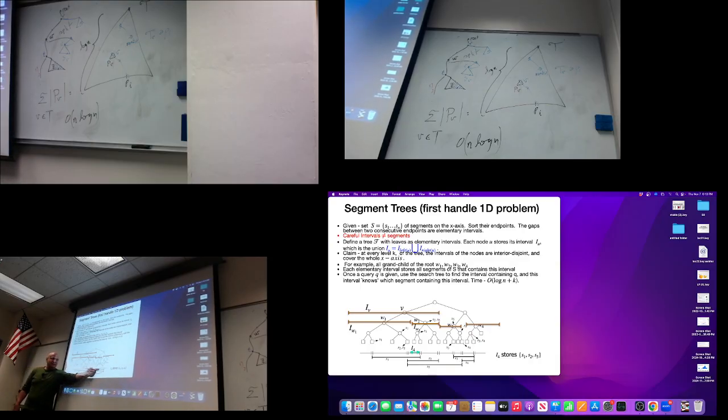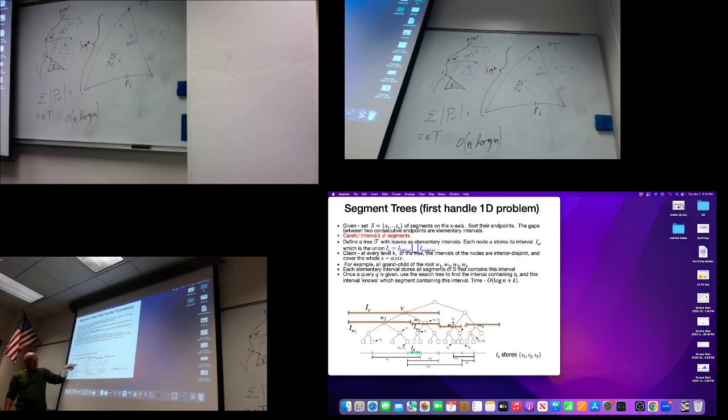Look at all the elementary intervals. They nicely cover the whole x-axis. I want to build the binary search tree on these intervals in the obvious way. Take the two leftmost ones, unify them, and that assigns this parent. This parent knows its own interval.